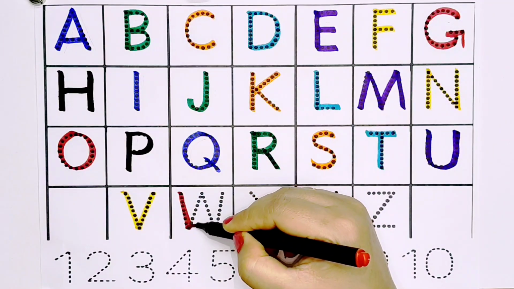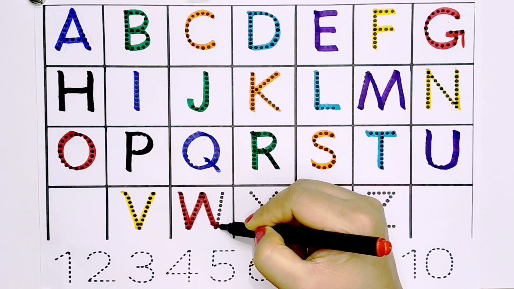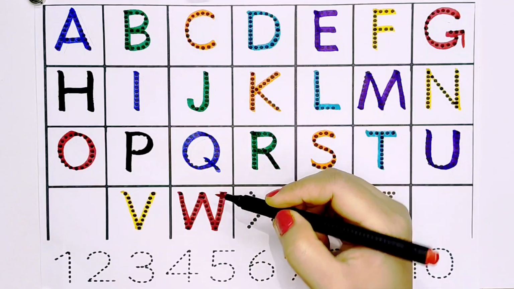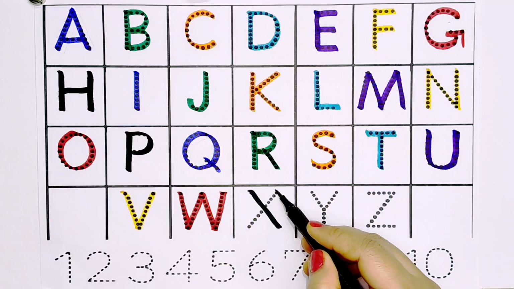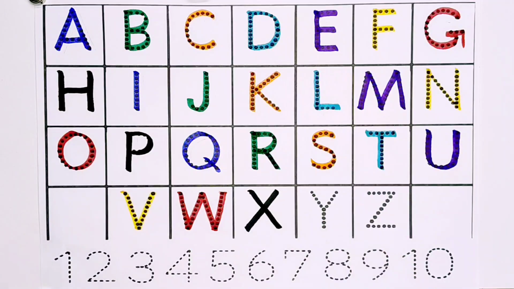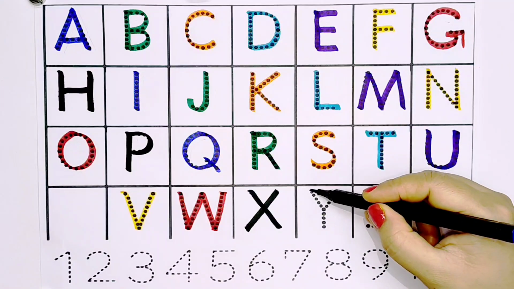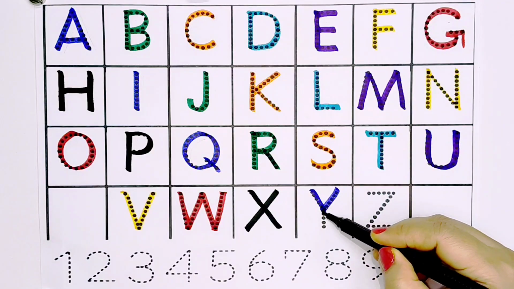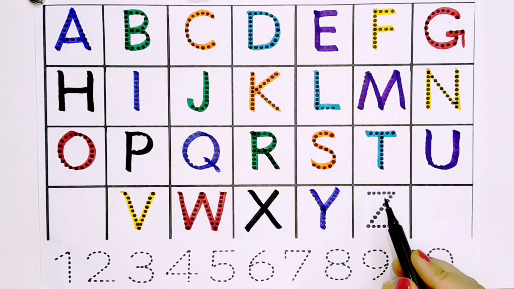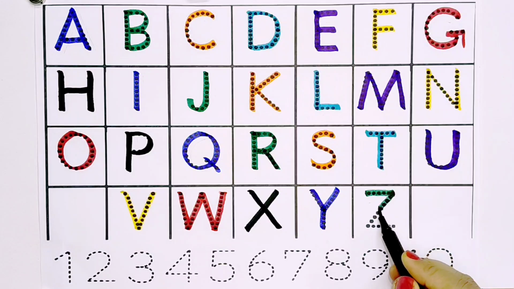W. W for water. X. X for Xmas tree. Y. Y for yak. Z. Z for zebra.